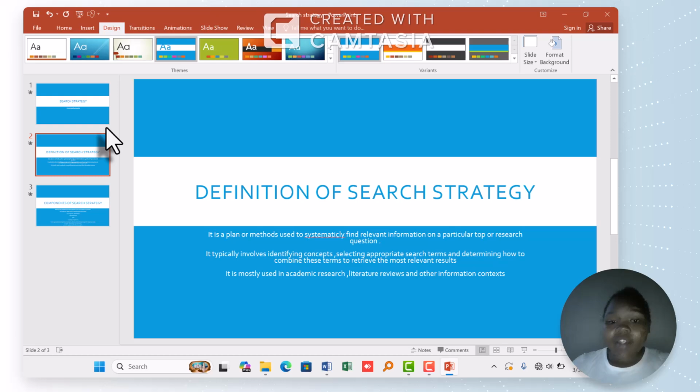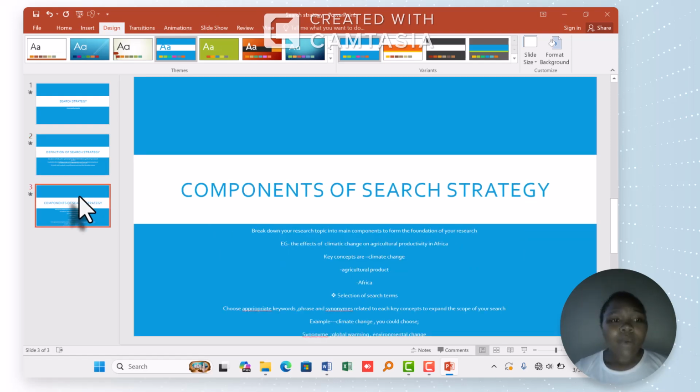It's also done in literature reviews and other information contexts in which we have to research. For example, in our homes, we can research. Yeah, it's not mostly there, but we can research other things, but mostly in our academics. So that's the simple definition of search strategy.